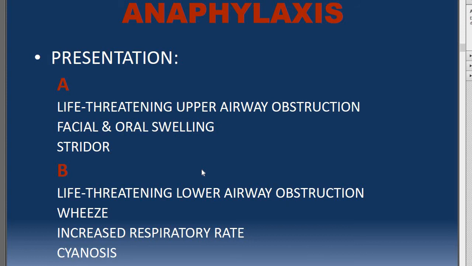You can get a reaction in the lower airways that can cause a life-threatening reaction, and that will often present with wheeze, the typical asthma attack type sounds. The respiratory rate will go up, and if the oxygen levels start to drop in the body, they might get what we call cyanosis, which is basically turning blue.